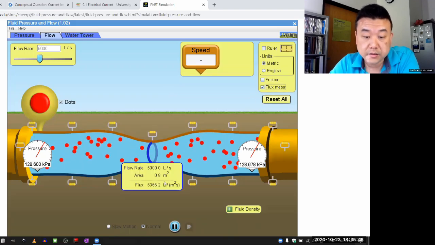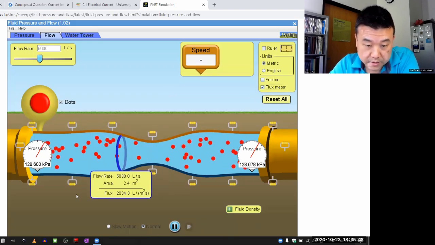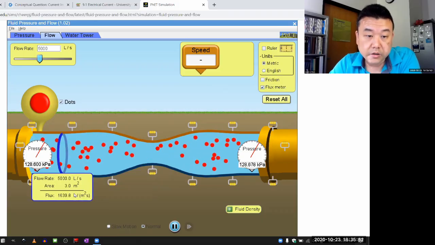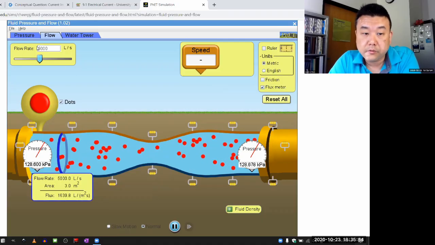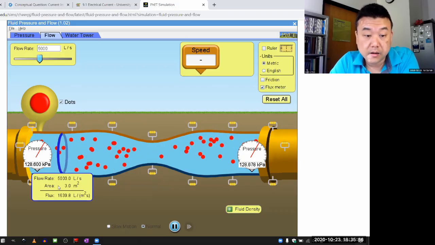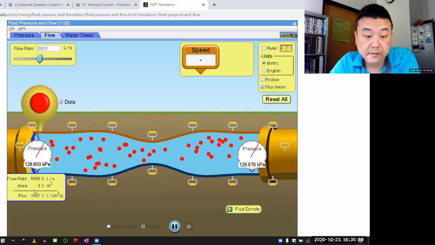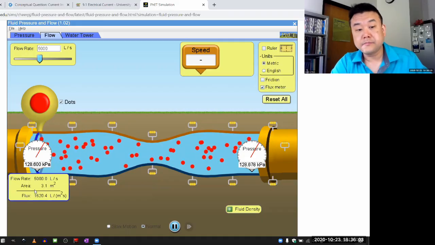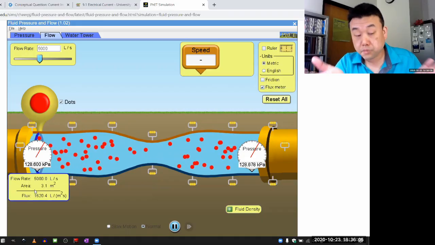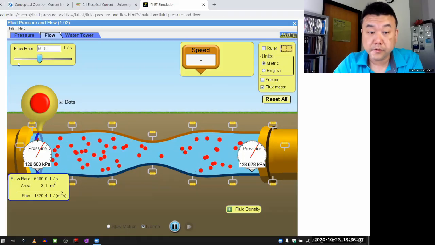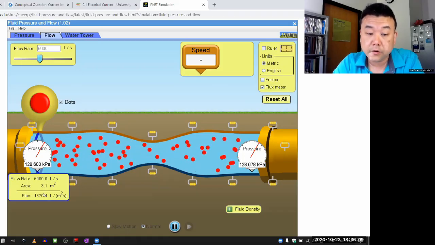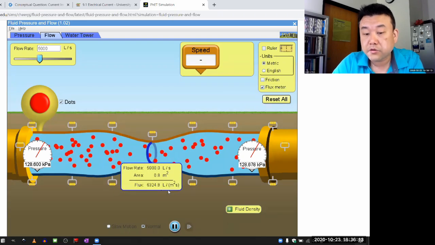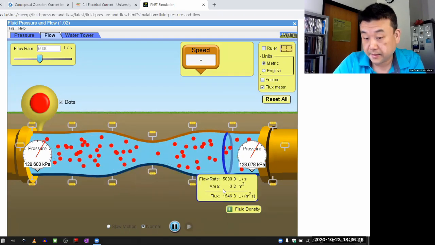So when I have a flux meter, as I move this flux meter around, this simulation is set up so that flow rate is fixed here. And I can describe that as flow rate being fixed at the entrance end. Then by the property of the water, this flow rate has to be the flow rate through any particular cross section throughout this entire length.